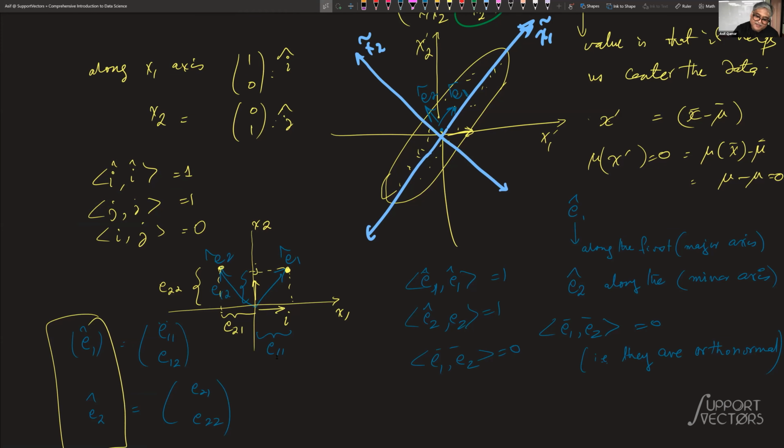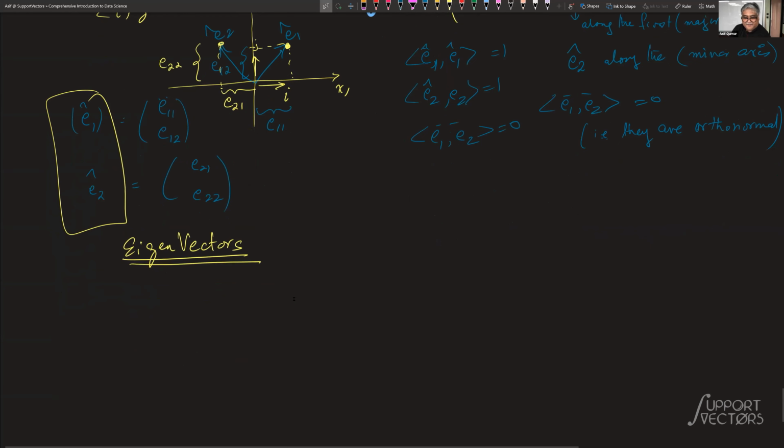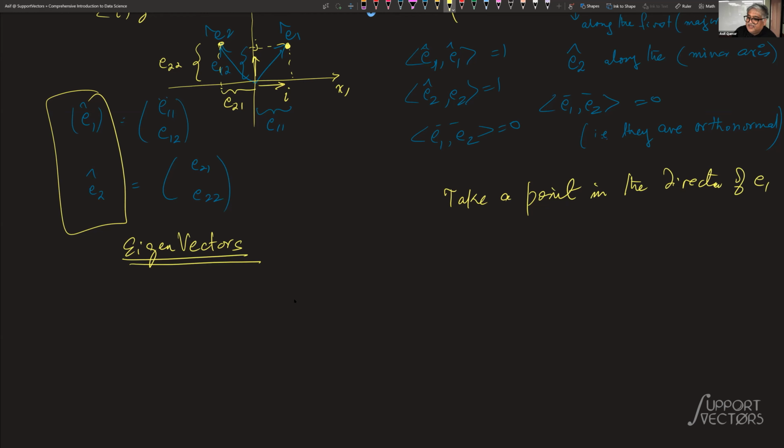If you look at a point along the eigenvector, you will observe something quite interesting. Take a point in the direction of, let's say, E1.